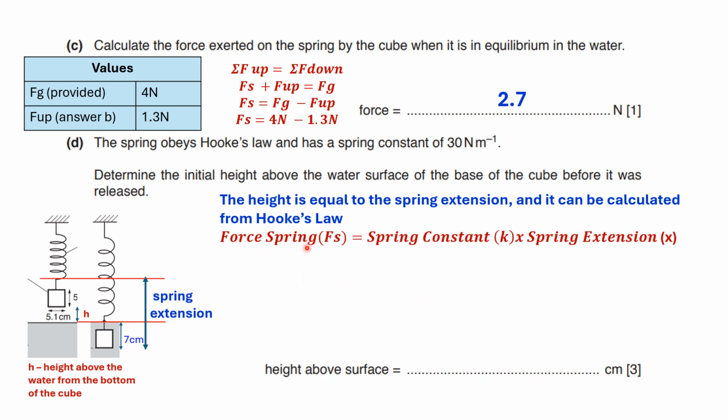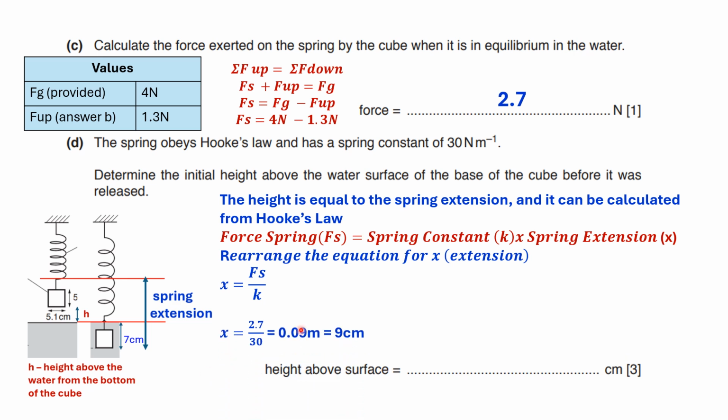The force on the spring is equal to the spring constant, k, times the spring extension. I'm going to rearrange this in terms of the extension: the force acting on the spring that we calculated previously, divided by the spring constant that was given in this question. Doing the value substitutions, the total extension of the spring, x, is 9 centimeters.